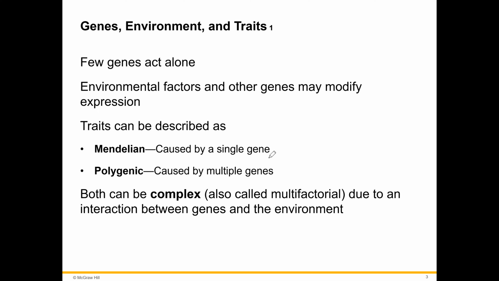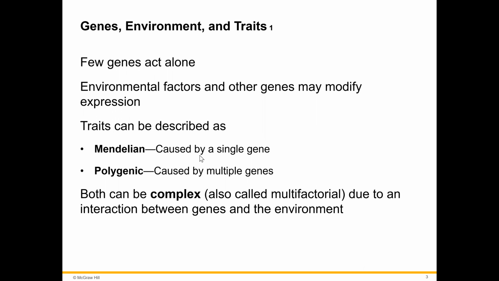Both can be complex, however, also called multifactorial, right? That's what this chapter is focusing on. And complex means they are due to interaction between genes and environment. Those are complex traits. So Mendelian traits can be complex and polygenic traits can be complex.